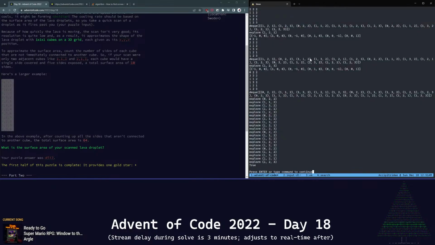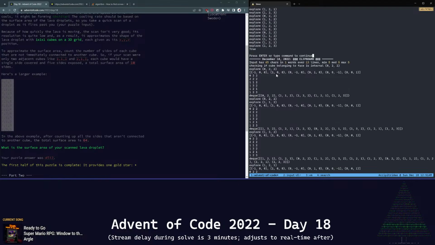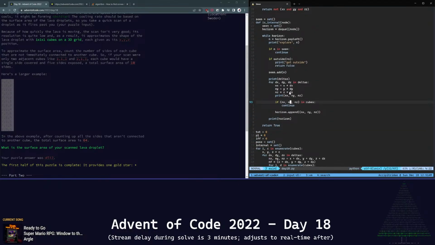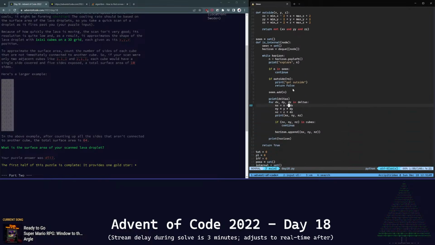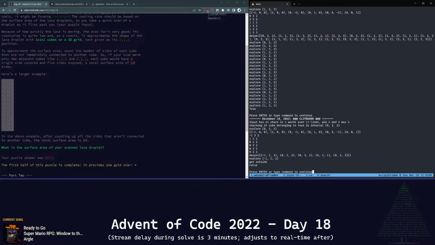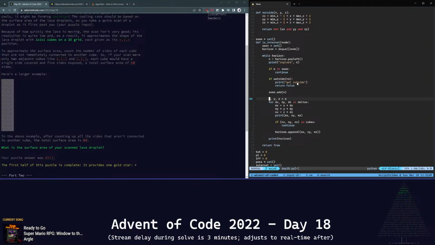Wait, no, that's not it. What math is happening here? Oh. Wow, the dumbest bug.